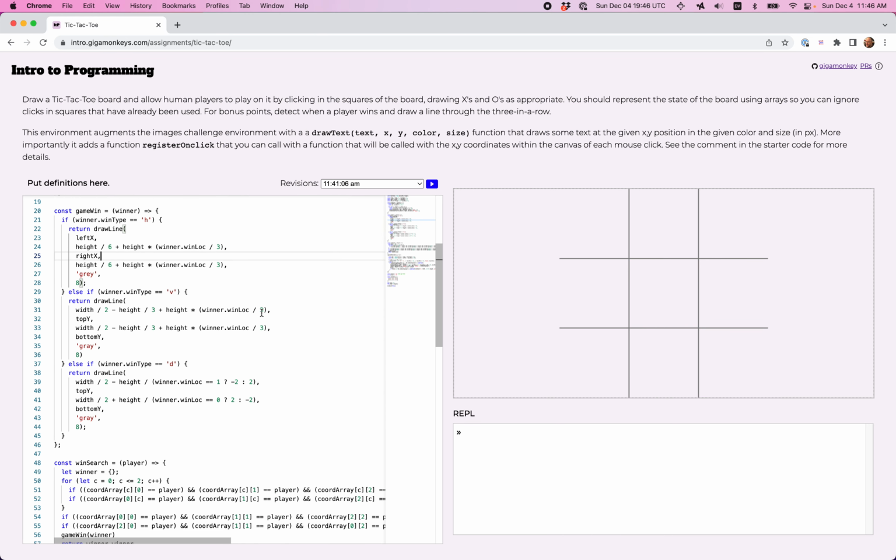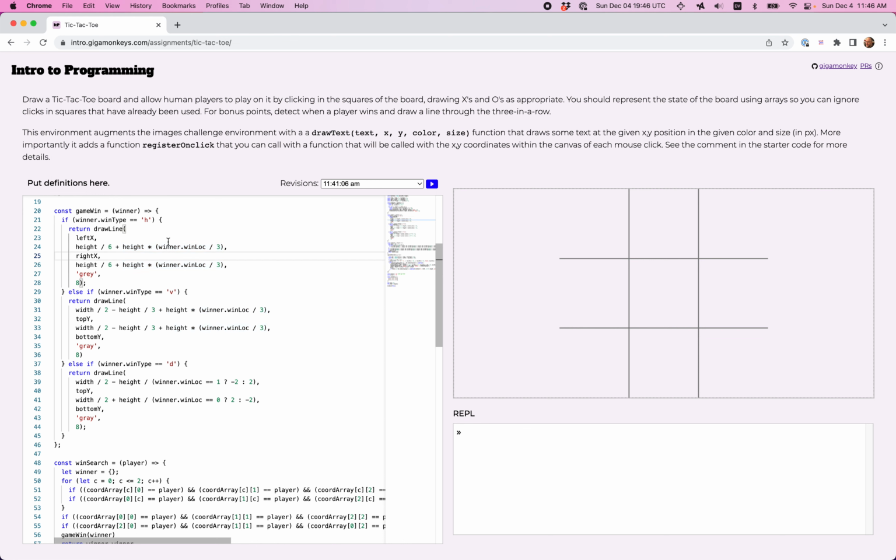So this is 0, 1, or 2 divided by 3. Oh, right, so a third of that. So we're going to get 0, 1/3, or 2/3 of the height: 0 of the height, 1/3 of the height, or 2/3 of the height.